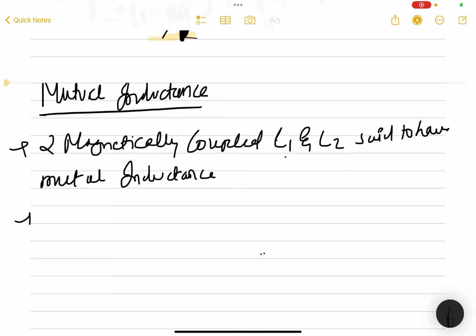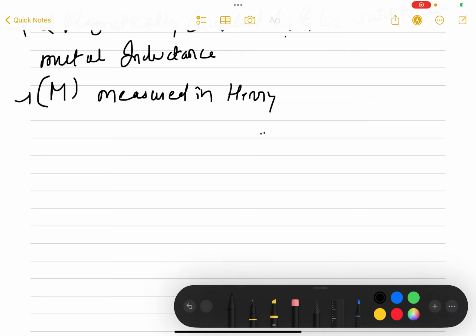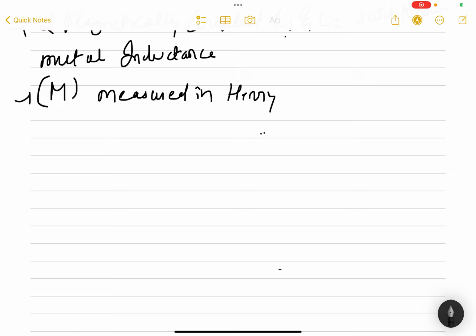It is usually denoted by M and measured in Henry. Now we are going to discuss an important topic, that is the magnitude of mutually induced EMF.